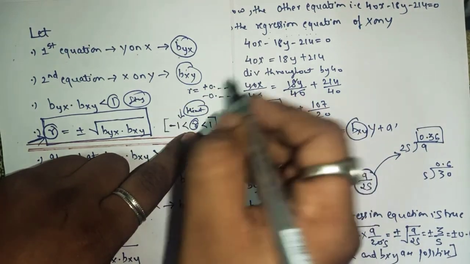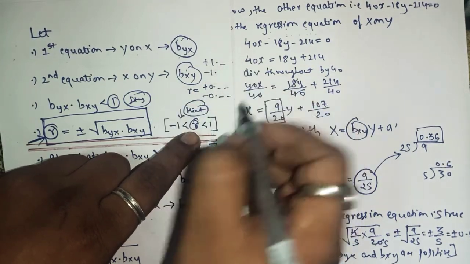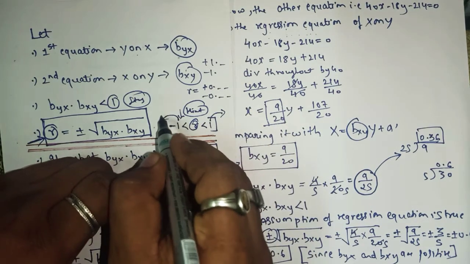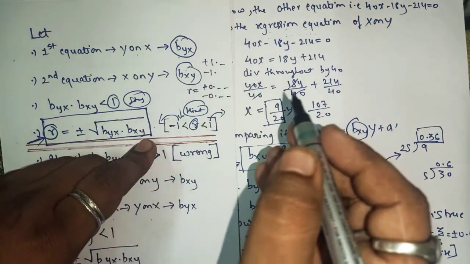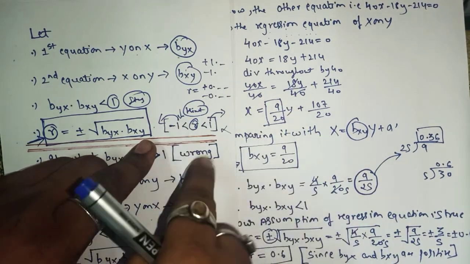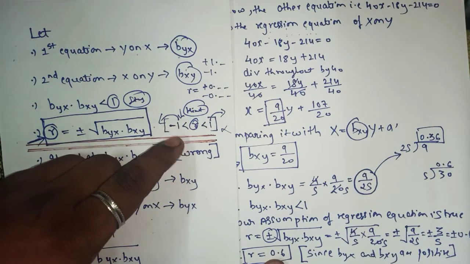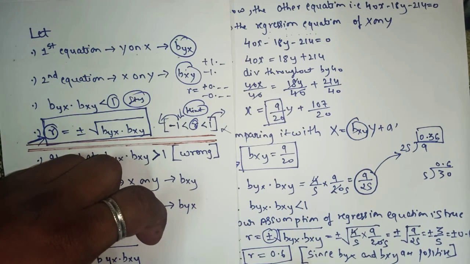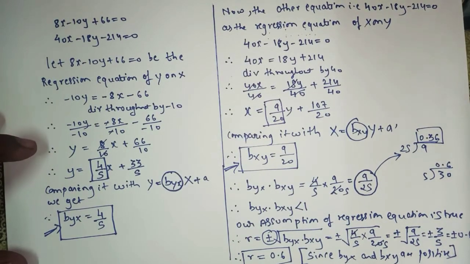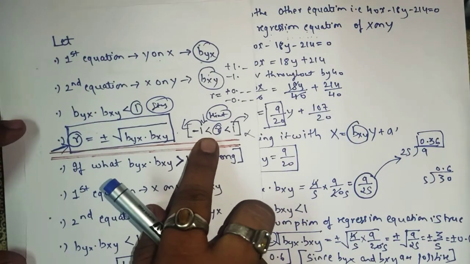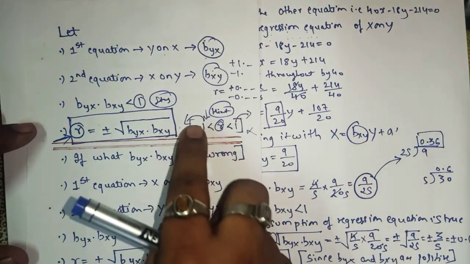If you are getting the answer of r as plus or minus 1.2 point something, or greater than this, like minus 2, minus 3, 2, 3, straight away you can see that your answer is wrong. As per the rule, the value of r should lie between minus 1 and 1. If you are getting your answer as plus 0 point something or minus 0 point something, that means our answer is perfect. Remember the hint: the answer for each and every sum, the value of r should be between minus 1 and 1.